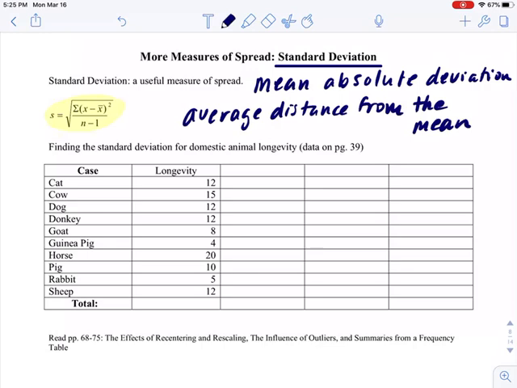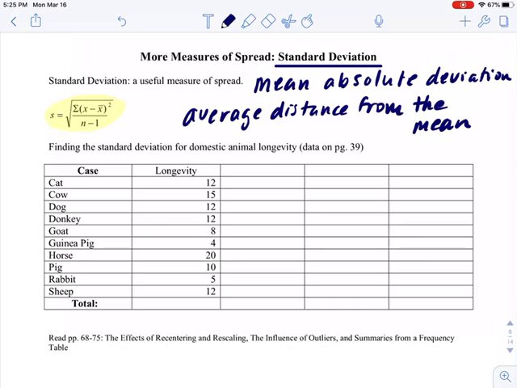Okay, to calculate a standard deviation, what we would need to do is use an online calculator, and I'm going to suggest that we use my very favorite online calculator, which is called Rossman Chance.